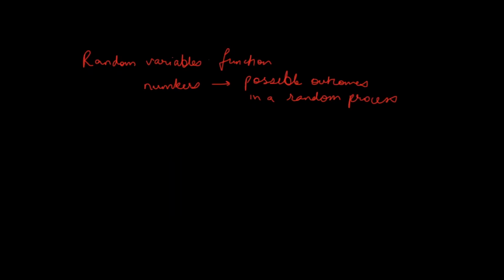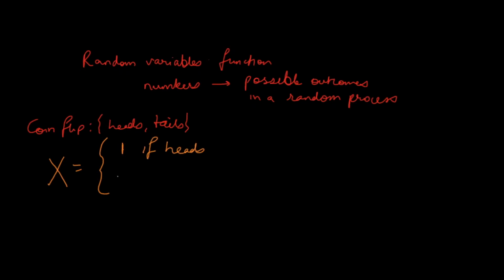So let's say we have a random process. Let's say we're flipping a coin. So we have a coin flip, and the coin can have two particular values. It could either have heads, or it could have tails. Now let's say we define a random variable x that equals 1 if we get heads and 0 if we get tails.